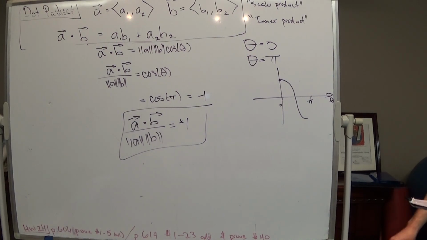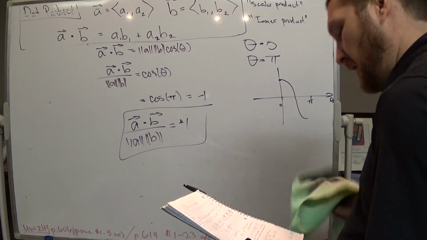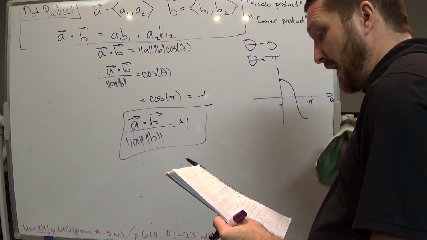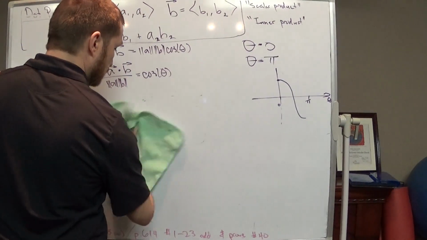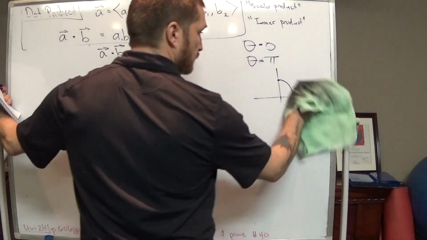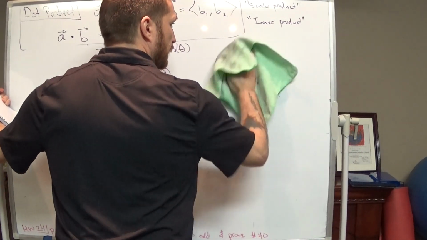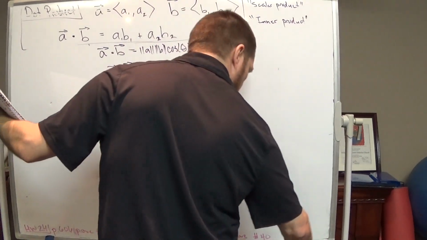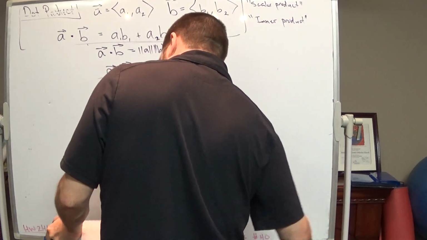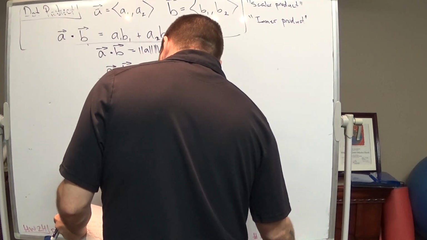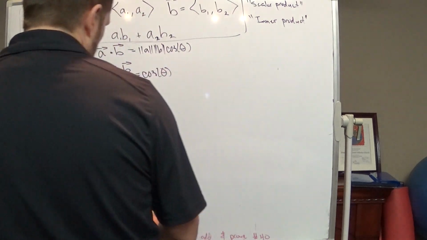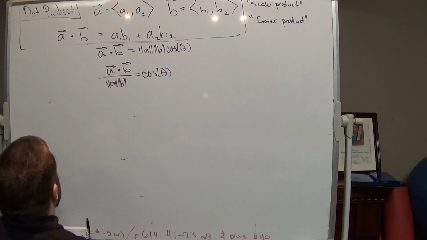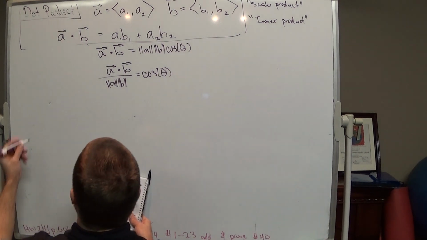Okay. So real quick, there are a lot of calculations for this one, so I'm just going to blow through it. This says, show that the vectors are parallel and determine if it's the same or opposite direction.